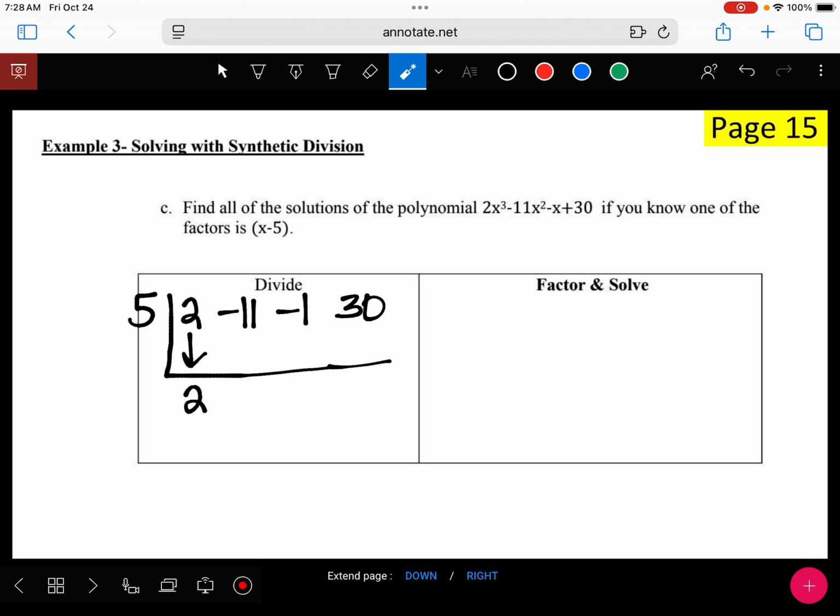So 2 times 5 would be 10. When I add that together, you should get what?